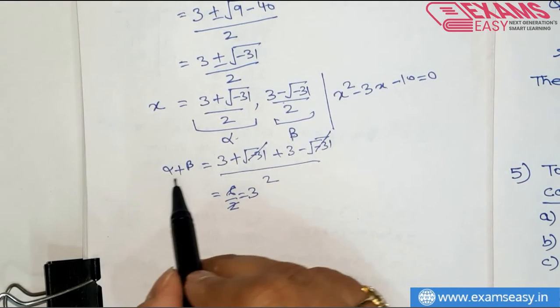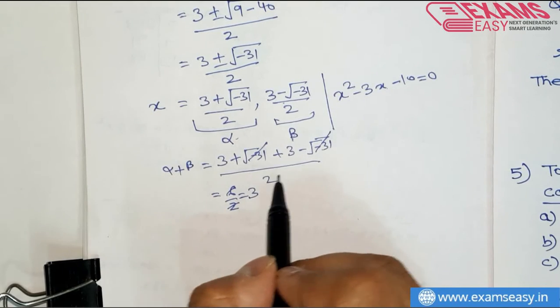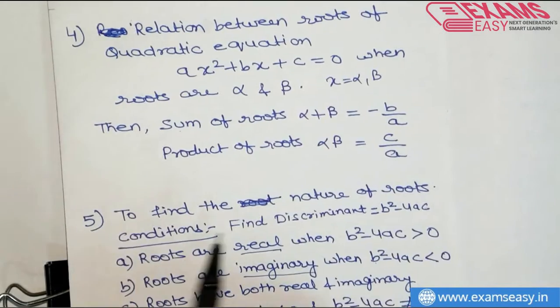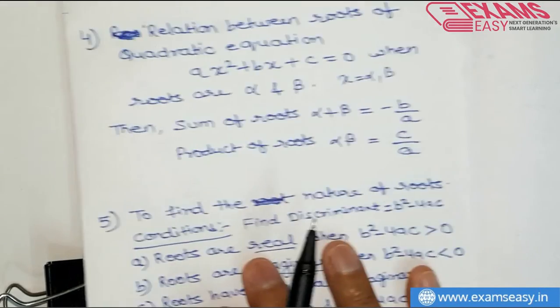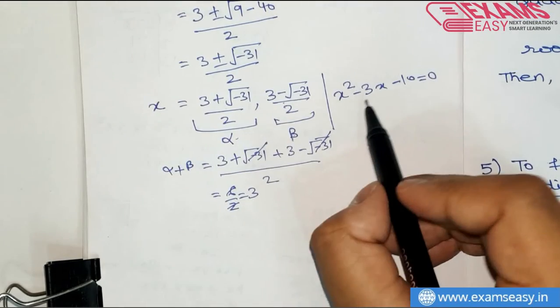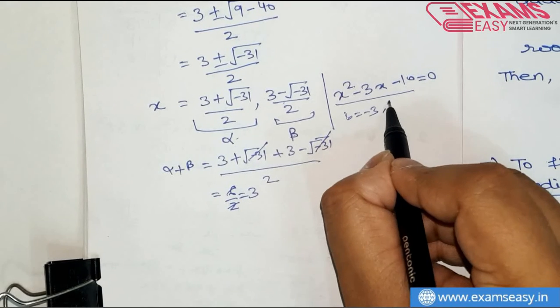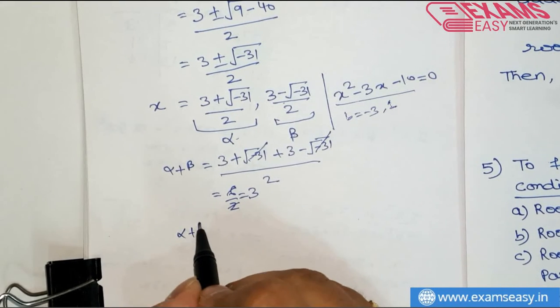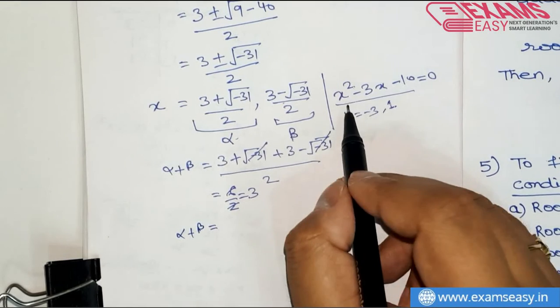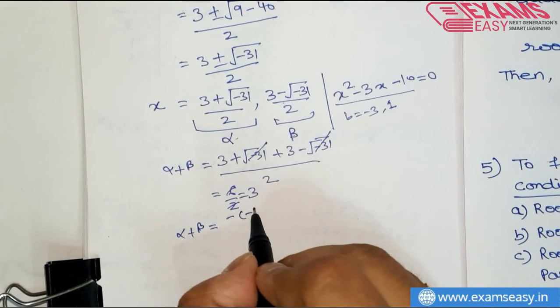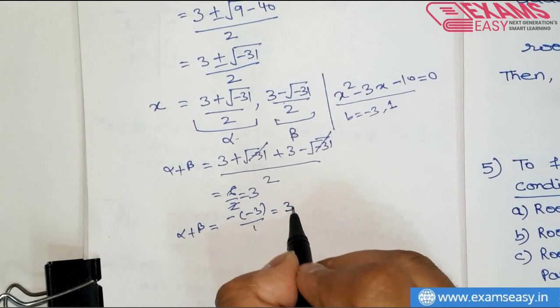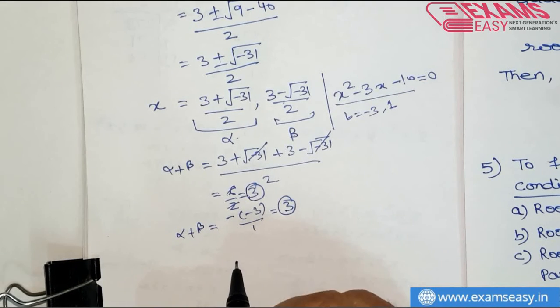Friends, this is one of the methods, but we are giving the direct formula to calculate the sum of the roots, that is minus b by a. In this equation b is minus 3 and a is 1. So alpha plus beta can directly be calculated as minus of minus 3 divided by 1, which is equal to 3, the same as that.